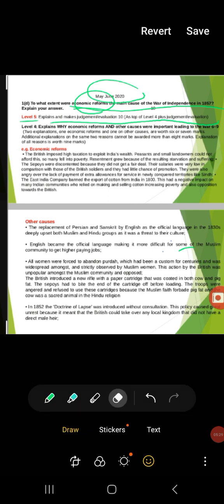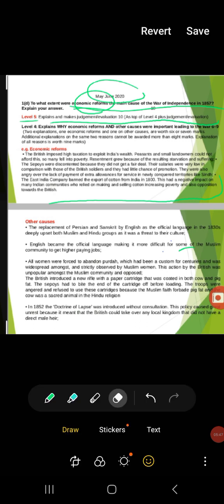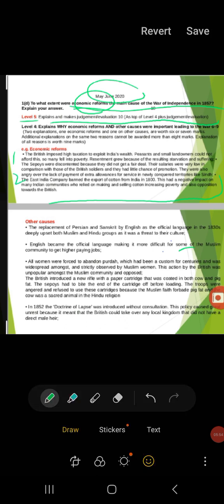Let me highlight this one. This one is the third point, export of cotton in India. So you see, this is the first point, sepoys were the second point, and the third one is the East India Company banned the export of cotton.